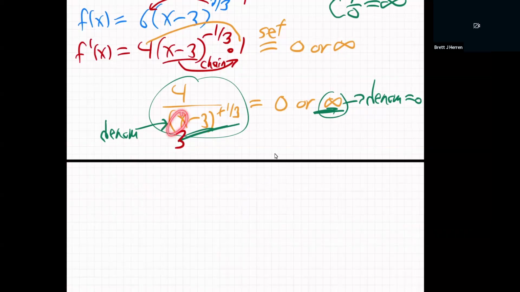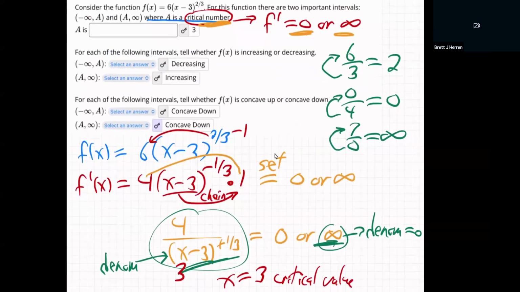If x is 3, 3 minus 3 is 0. 0 to any power is 0, denominator 0, and this thing is infinity, which means x equals 3 is the critical value. And that's the answer they asked us to find. So a is 3. That's the critical number.